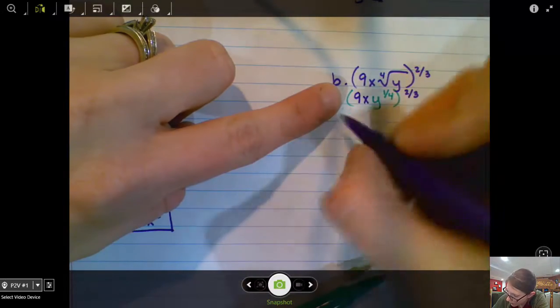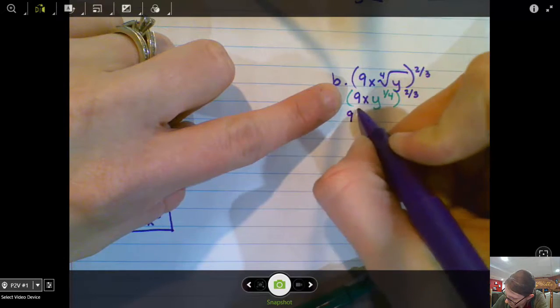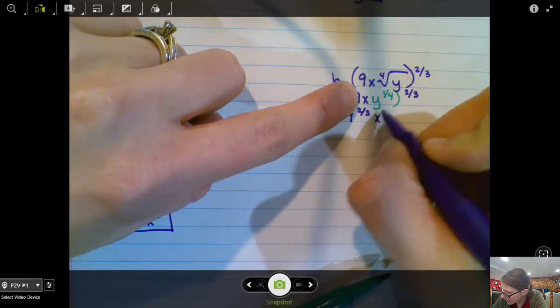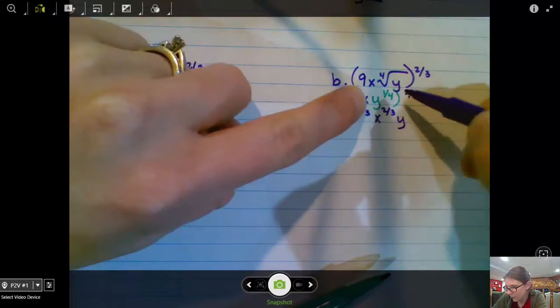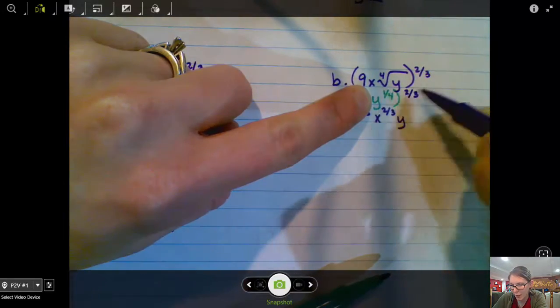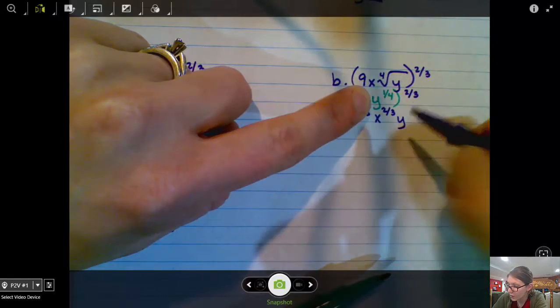Now everything goes to the 2/3 power. Take 9 to the 2/3. And then x to the 2/3. And then y to the 1/4 to the 2/3. So I multiply these exponents and I get 2 over 12.